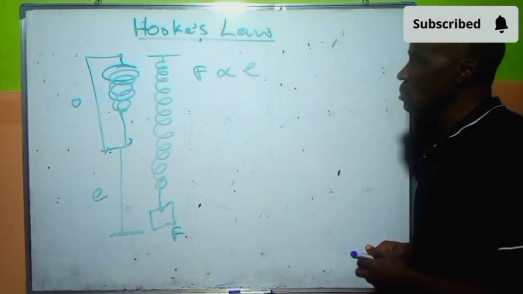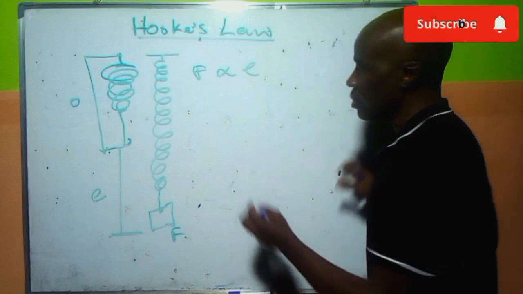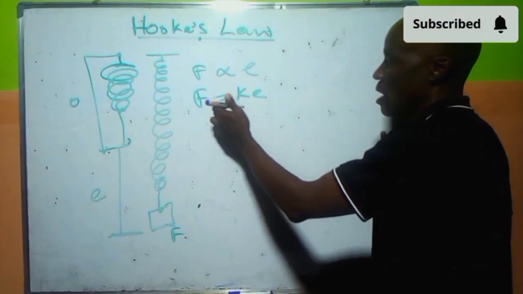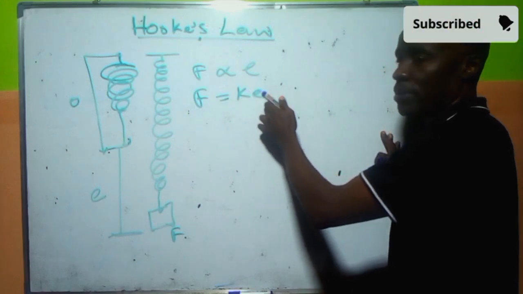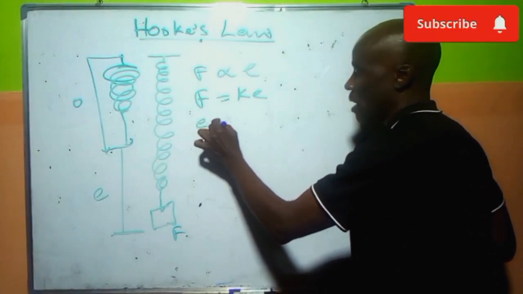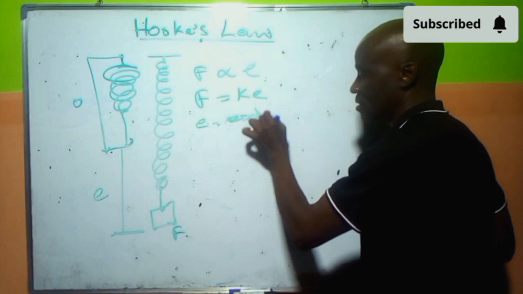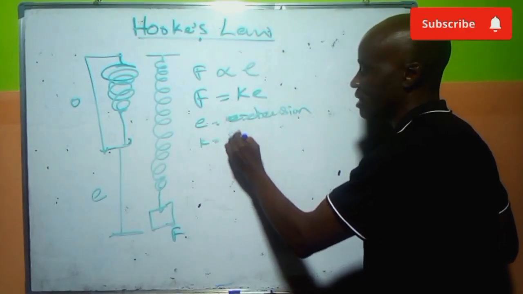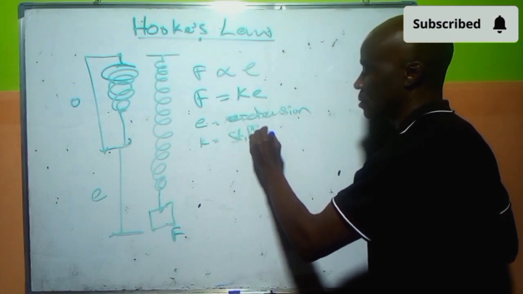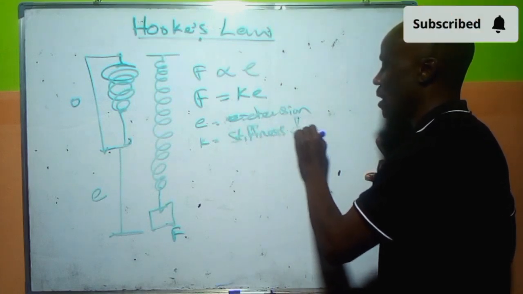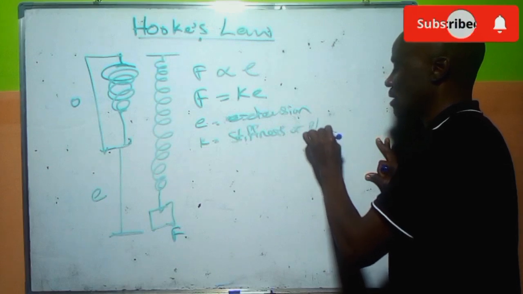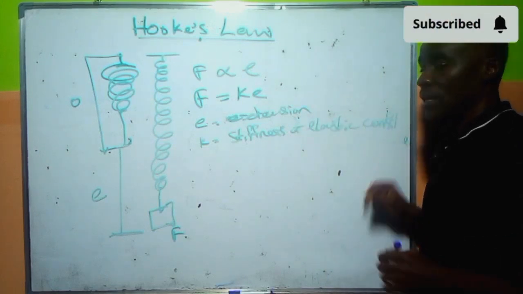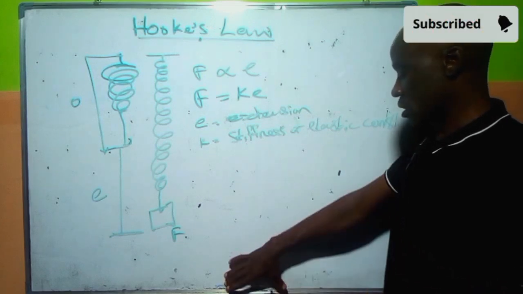So now, if we apply the constant, the force is equal to K multiplied by E, where E is our extension, as we have already stated. Pay attention to this extension, and K is what we call stiffness, or the elastic constant.